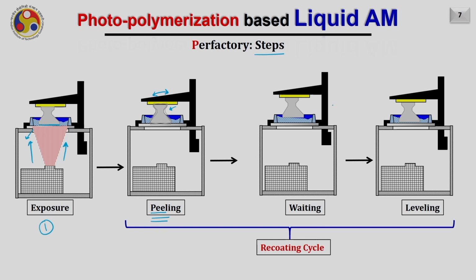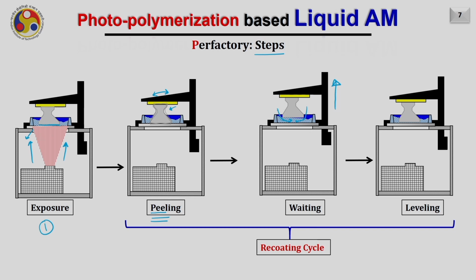Then after that, the platform goes up and it allows the liquid photopolymer to flow under the part. As the liquid photopolymer flows under the part, now another layer is almost ready. You can notice one very important thing here.